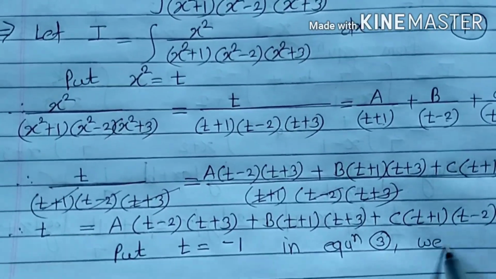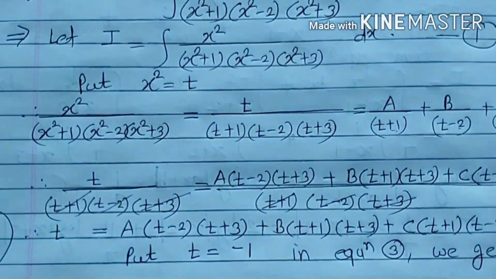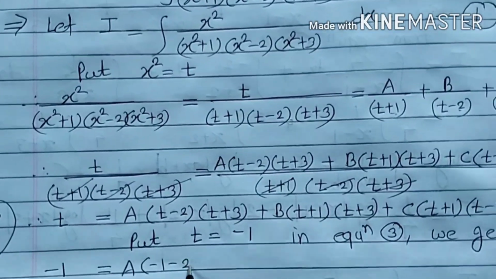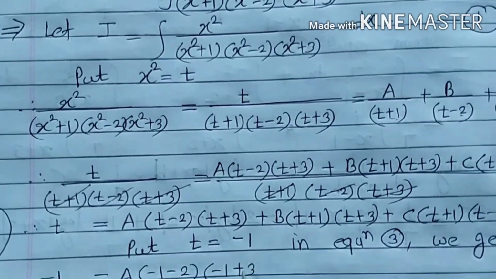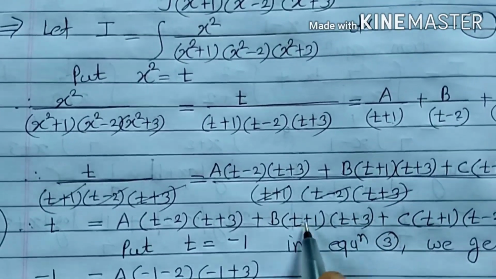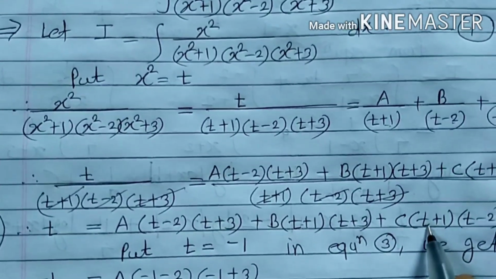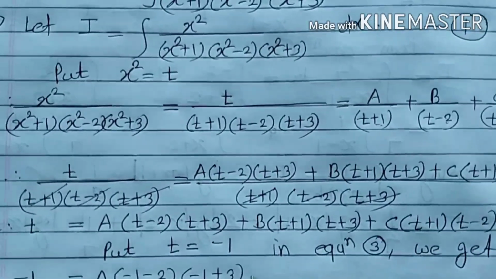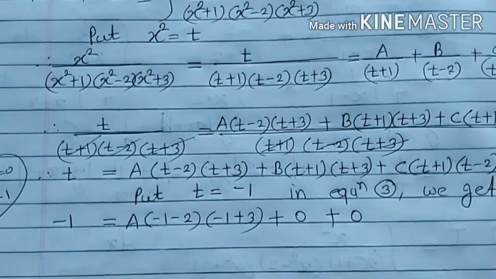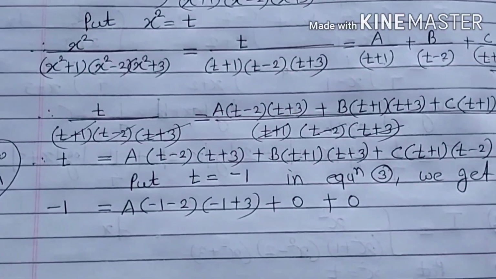So we get minus 1 is equal to a into (minus 1 minus 2)(minus 1 plus 3). If we put minus 1 here, it will become 0, and here also we put minus 1, so it will become 0. So the value of b is 0 and the value of c is also 0 by putting t equal to minus 1.